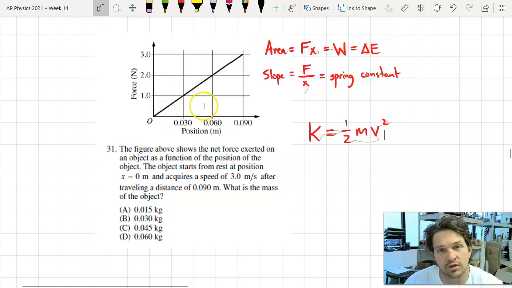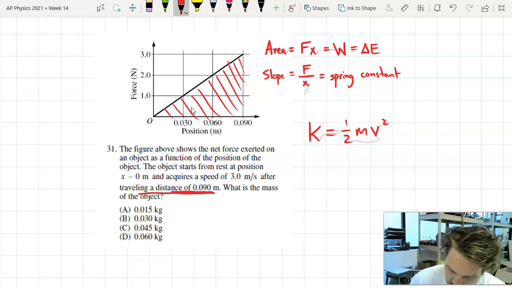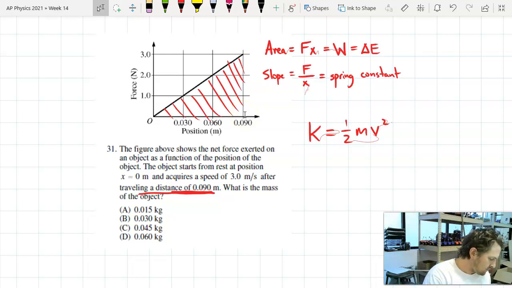So all of the energy that's put into this, we can determine by finding the area of the graph. And that's from 0 to 0.09 meters. So that's that whole thing right there. So this area, what is this? 3 times 0.09. I don't remember off the top of my head what that is.